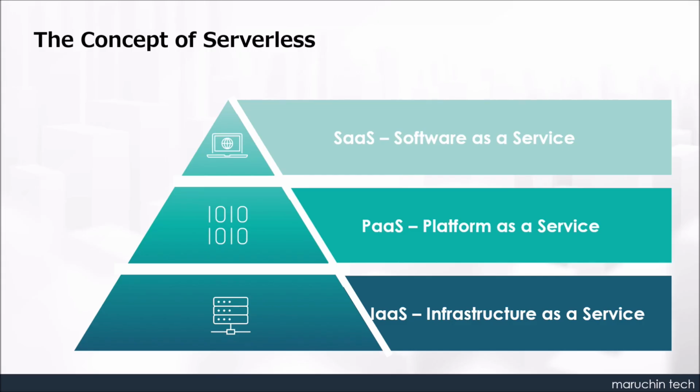SaaS, software as a service, is a cloud service that provides software over the internet. PaaS, platform as a service, is a cloud service that provides platforms such as OS and middleware. IaaS, infrastructure as a service, is a service where you can utilize infrastructure such as servers and networks over the internet.